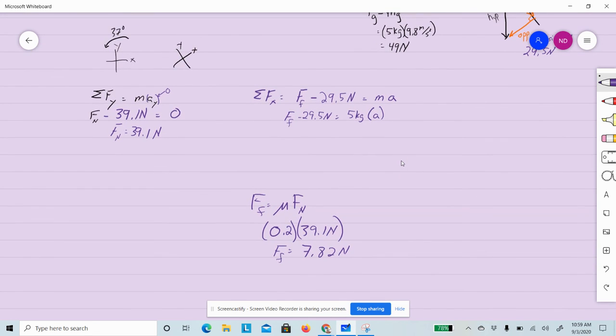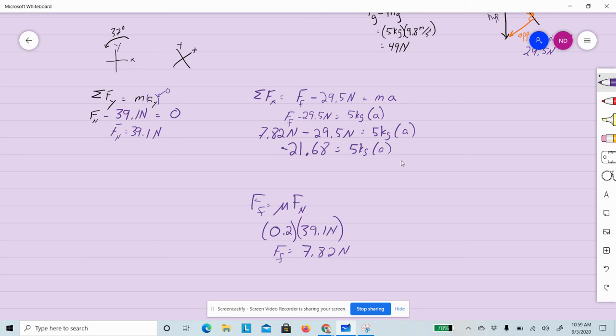So that's very useful. Now we know this: 7.82 newtons minus 29.5 newtons equals 5 kilograms times a. 7.82 minus 29.5 is negative 21.68, which equals 5 kilograms times a.